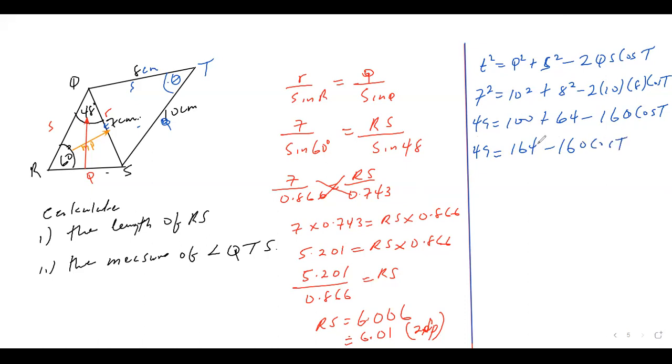Now just remember that for the cosine rule, it allows you to find a side and it also allows you to find the angle. And this is one of the conditions. If you want to find the angle, that's how it works, right? You put all the information in to find the angle, right? So this gives me 49 minus 164 is equal to negative 160 cos T. 49 minus 164, what do we get?